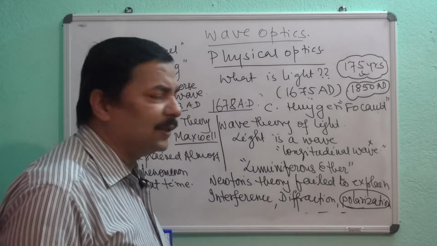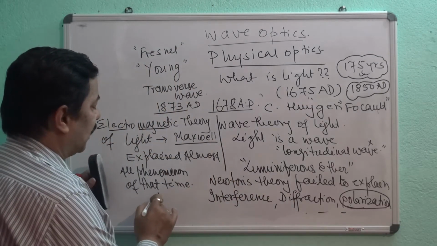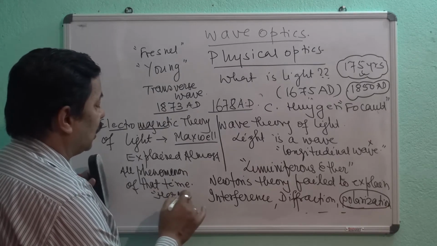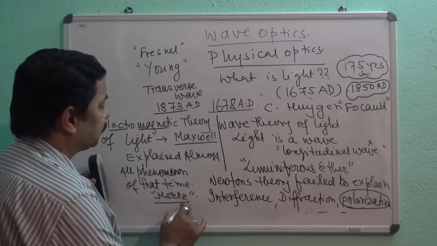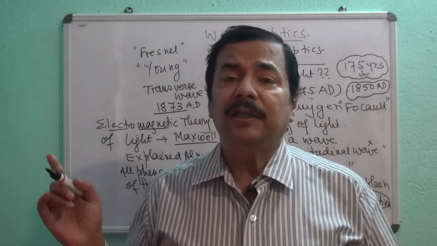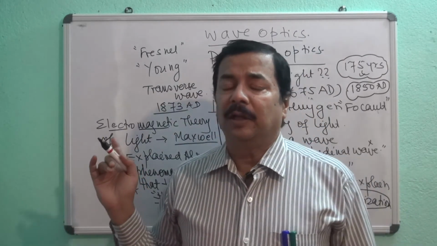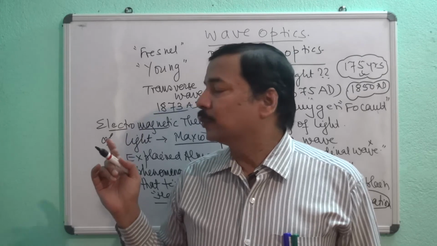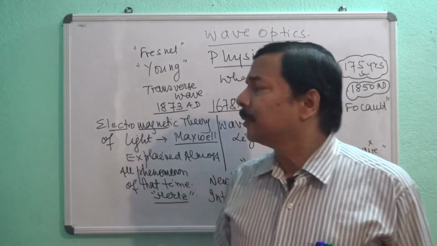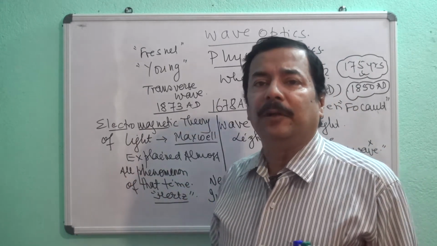There was a scientist named Hertz. Hertz is the unit of frequency, and this frequency unit is based on the scientist's name, Hertz. Hertz was a scientist who experimentally produced the electromagnetic wave in the laboratory.